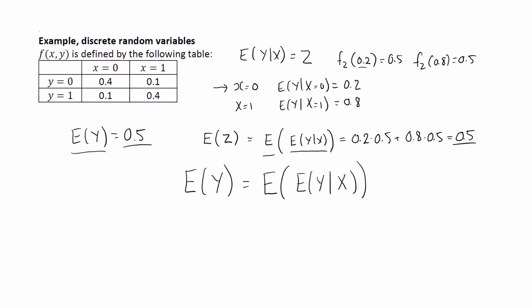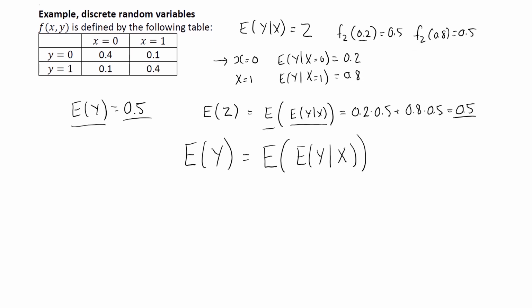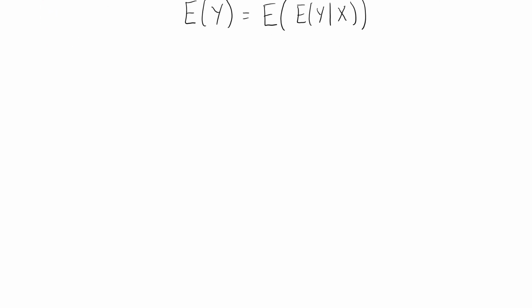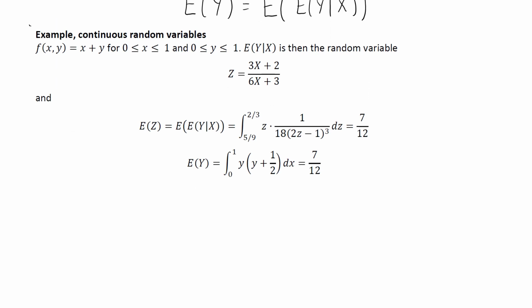Let's do an example with continuous random variables just to check that it holds for such a case as well. Here I have two continuous random variables with a joint PDF, the range of x, range of y. To find the conditional expectation of y given x, we simply calculate the expected value of y given x equal to lowercase x as the integral of y times the conditional density of y given x.